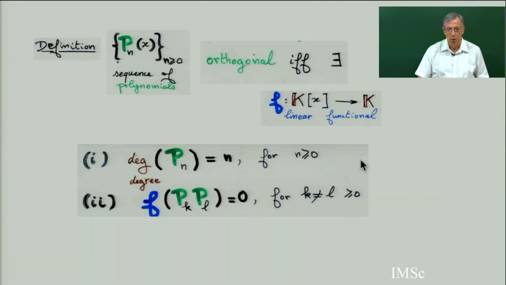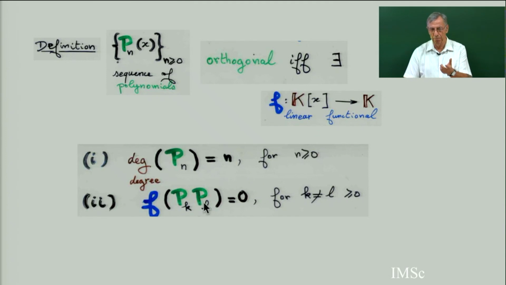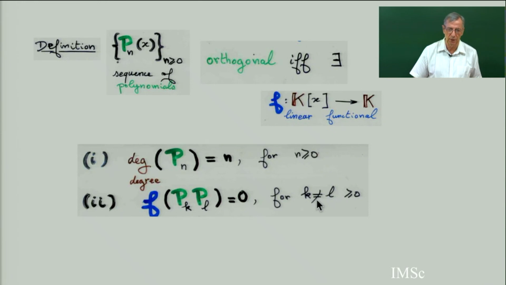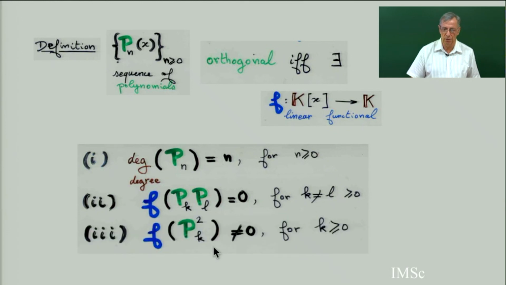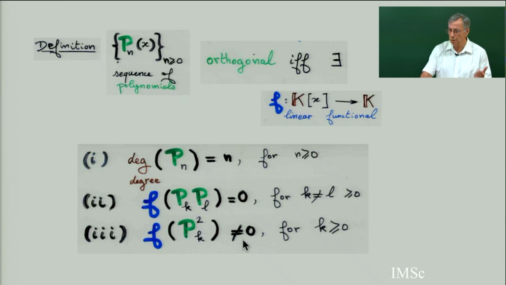Condition 2: f of Pk Pl is 0 for k different from l. This is the orthogonality, it's a scalar product. F of PQ is a scalar product. This must be 0 as soon as the 2 indices differ. And third condition: if k equals l, this must be non-zero.